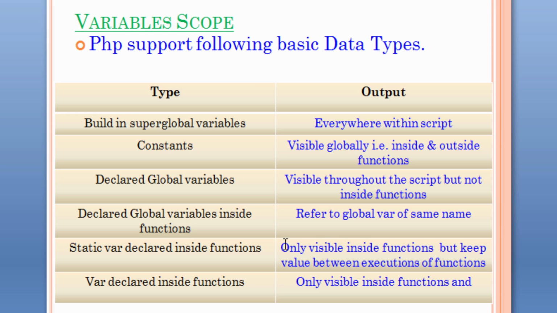Then we have static variables declared inside a function. For example, if we have declared a variable static, its value will remain the same. If in the first execution of the function its value is left at 5, then in the next execution of the function its value will start from that value and it will keep on changing, incrementing or decrementing, but its value will remain saved and will not be finished.